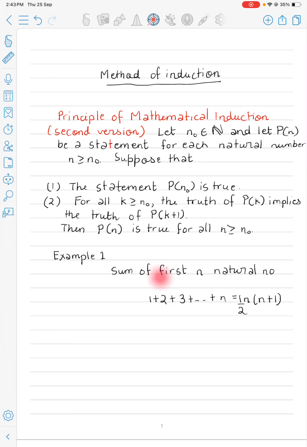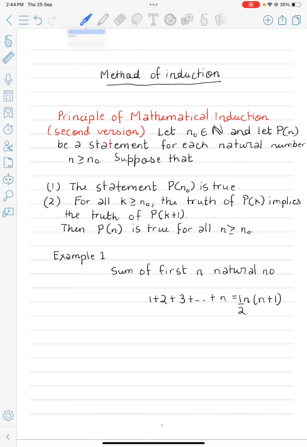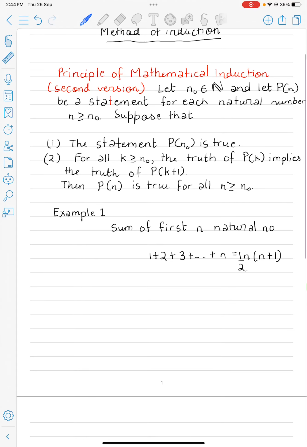So the first example I take is we have to prove that the sum of the first n natural numbers is given by half n into n plus 1. Okay, so let me prove it. In this case, I am taking n0 equal to 1, so I will prove that this is true for all n greater than or equal to 1.